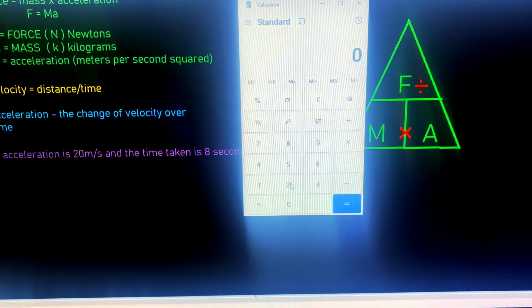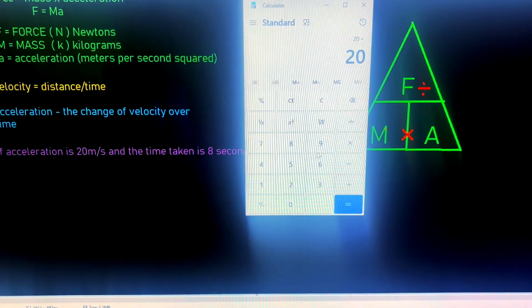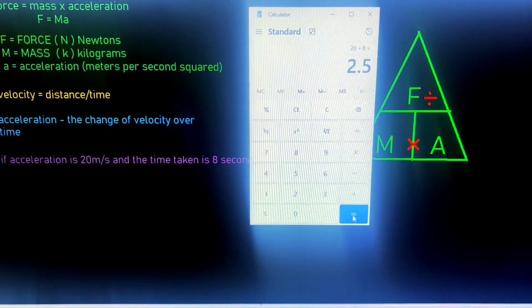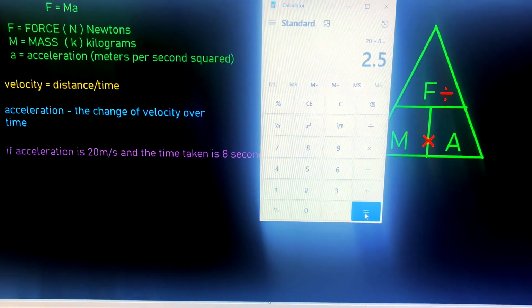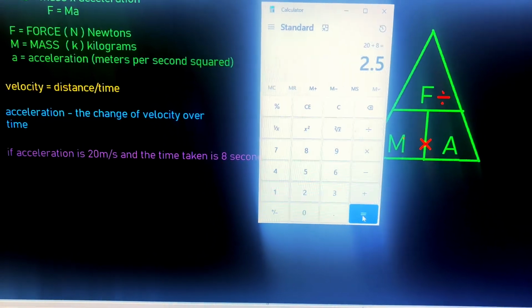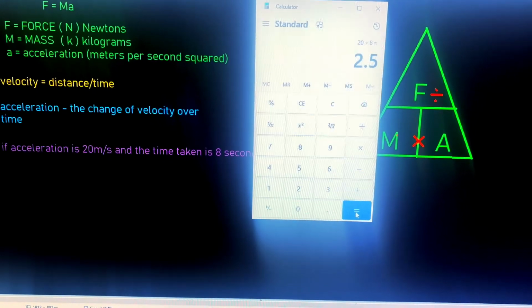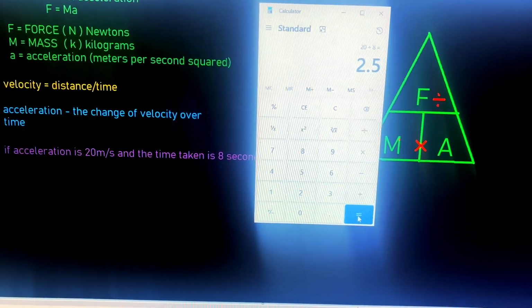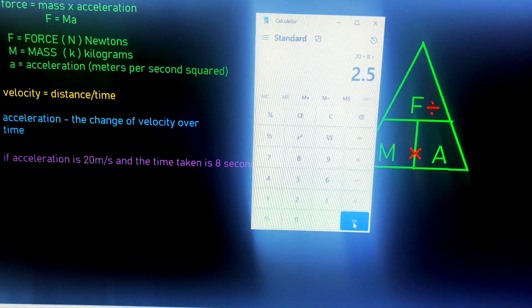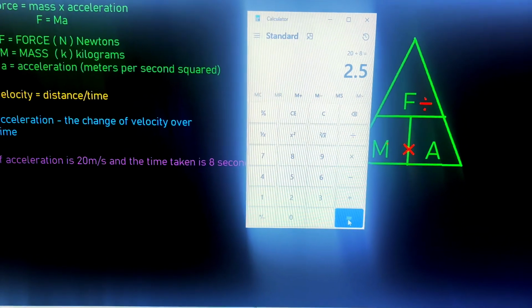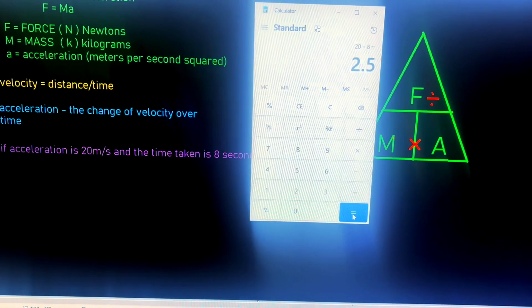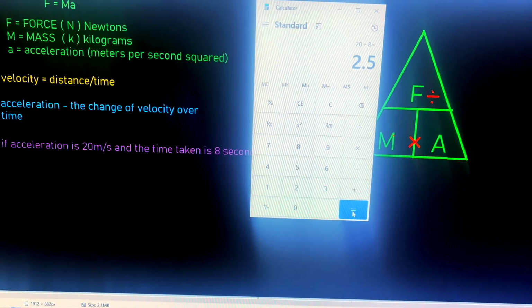So we'll do it here, 20 divided by 8. So the acceleration is 2.5 meters per second squared. So every second that passes, the velocity increases by 2.5. And that is the acceleration if it takes 8 seconds to get to 20 meters per second.